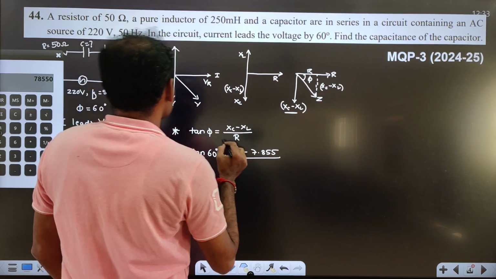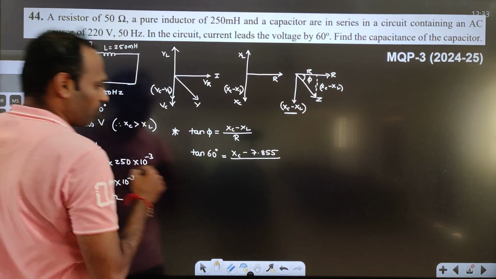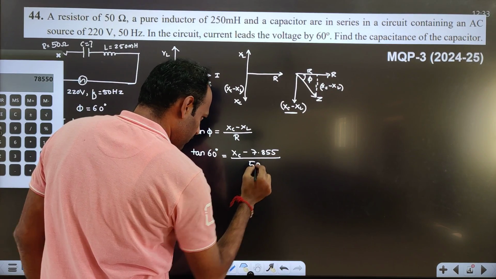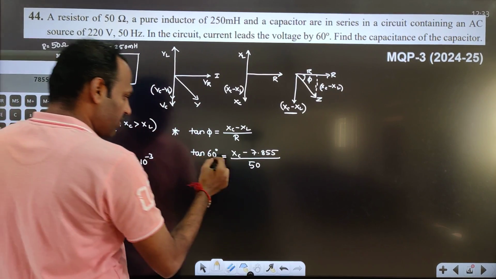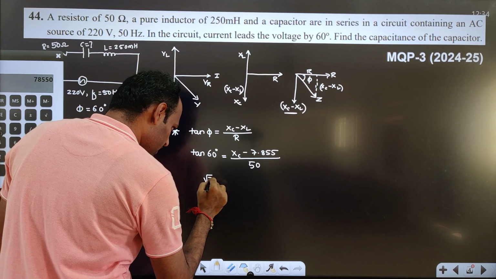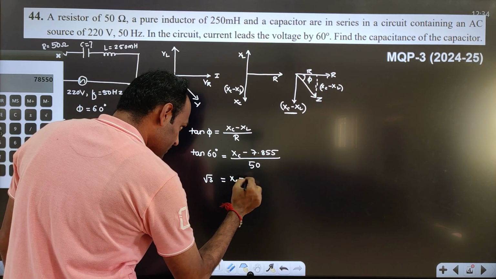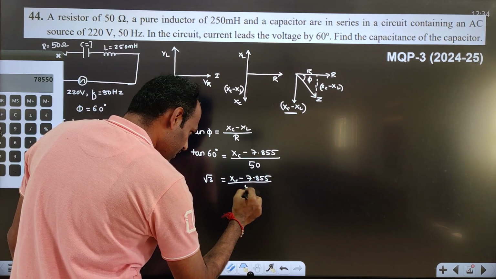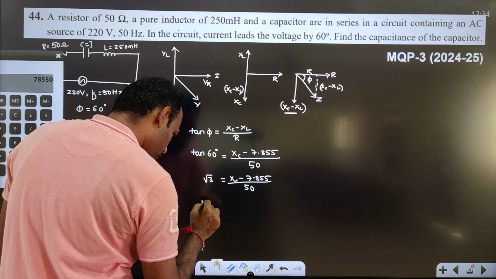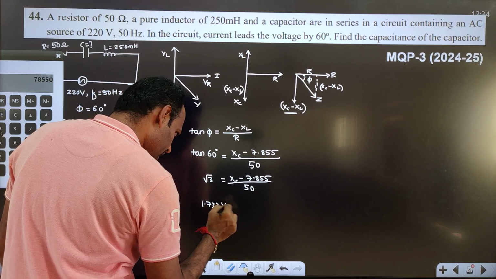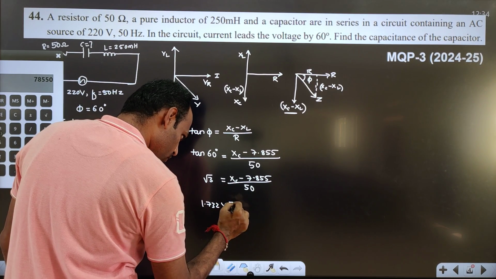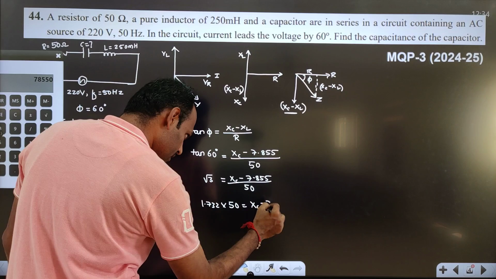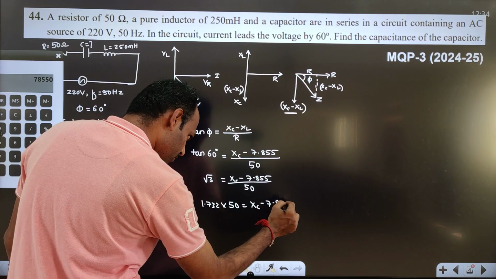How much is resistance? Resistance is 50 ohm. Correct? So what is the value of tan 60 degree? It is root 3. Root 3 is equal to XC minus 7.855 divided by 50. Root 3 ಅಂದ್ರೆ ನಮಗೆ ಎಷ್ಟ್ರಿ, 1.732. It is root 3 into 50, ಈ 50 ನ ಈ ಕಡೆ ತಗೋತೀನಿ, is equal to XC minus 7.855.